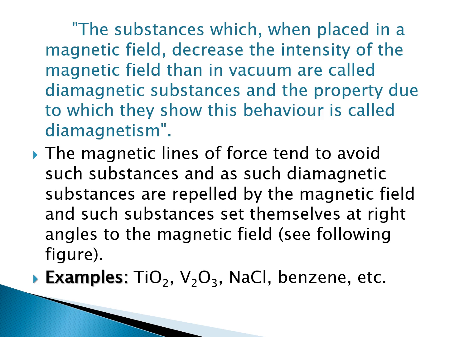The magnetic lines of force tend to avoid such substances, and as such diamagnetic substances are repelled by the magnetic field. These substances set themselves at right angles to the magnetic field. Examples of these substances are as follows.